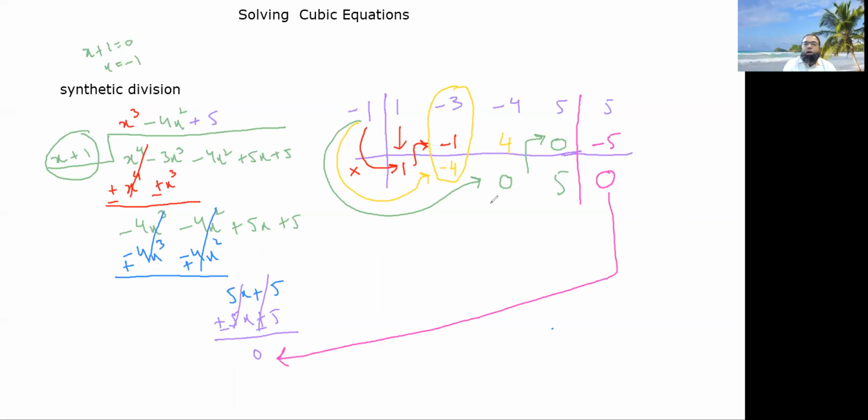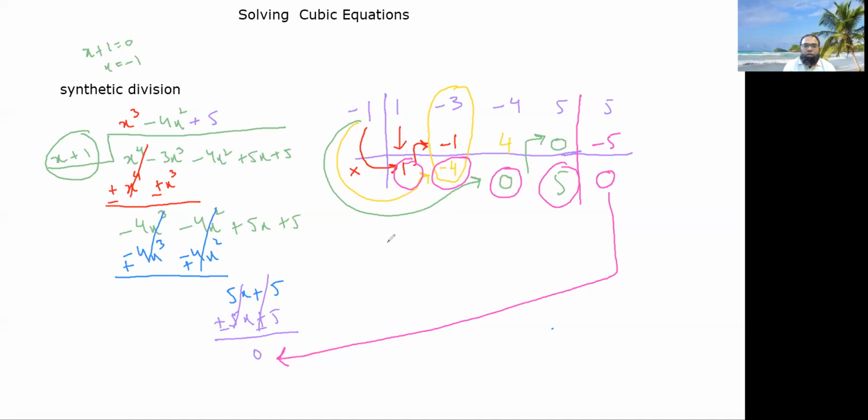Okay. Now look at this magical method. What have we got here? Now we had a quartic expression. We divided this with the linear expression. The result should be a cubic expression. Now these 1, minus 4, 0, and 5 are the coefficients of our required cubic expression.